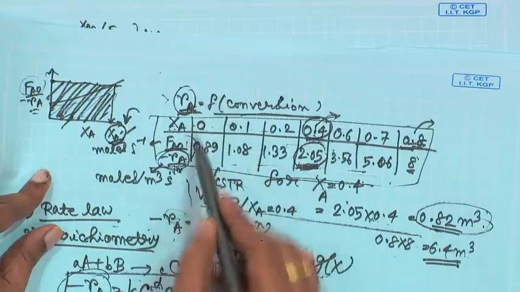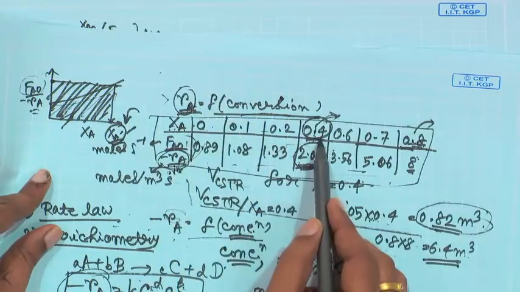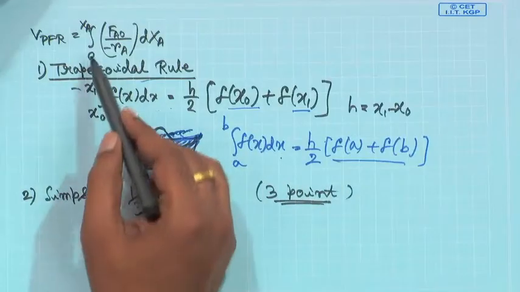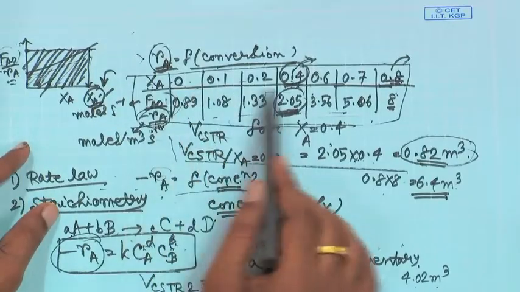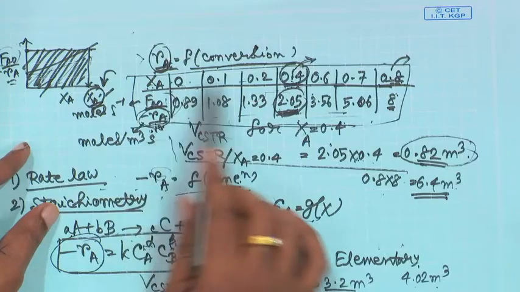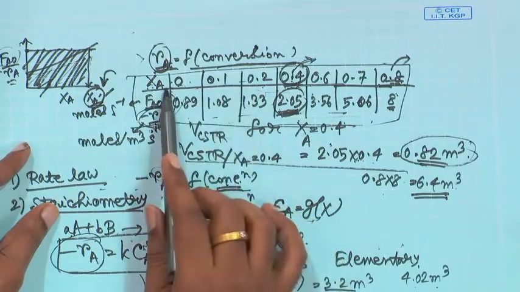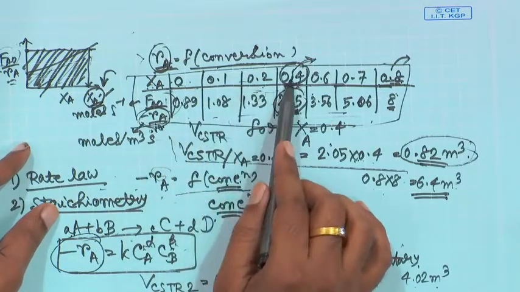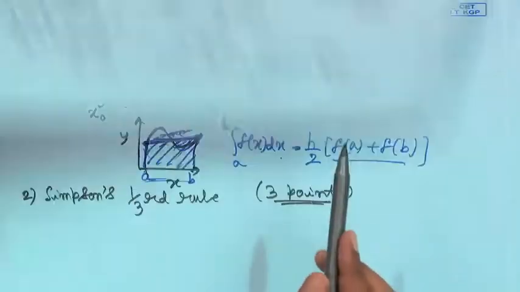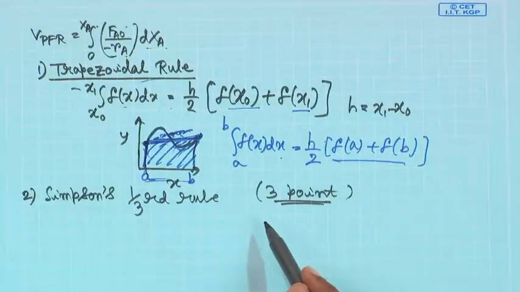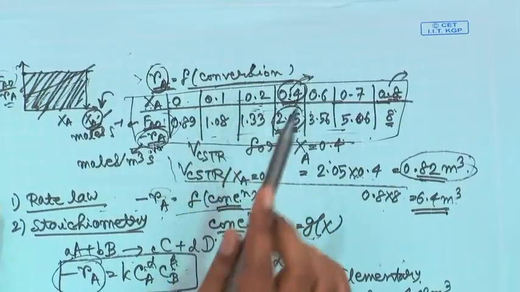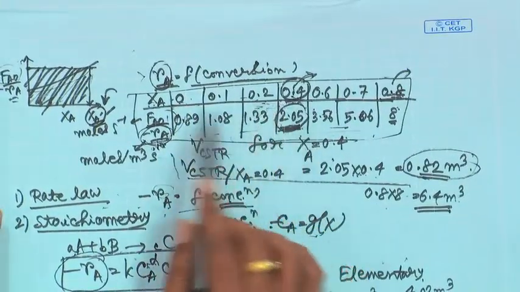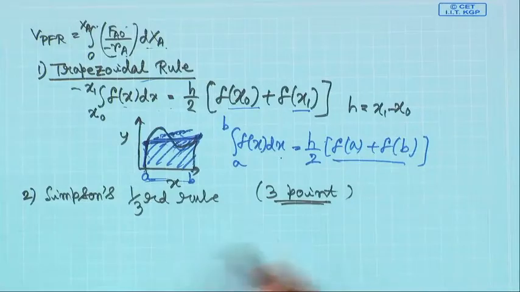So, this particular integral will become 0 to 0.4 of F A 0 by minus r A into dX A. Then you can divide this into 2 equally spaced intervals, 0 to 0.2, so the spacing is 0.2, and 0.2 to 0.4, so the difference is again 0.2. Then you can use some of these rules. So, equally spaced, even number of intervals: 2 intervals are there. So, then you can use for example Simpson's 1/3 rule.